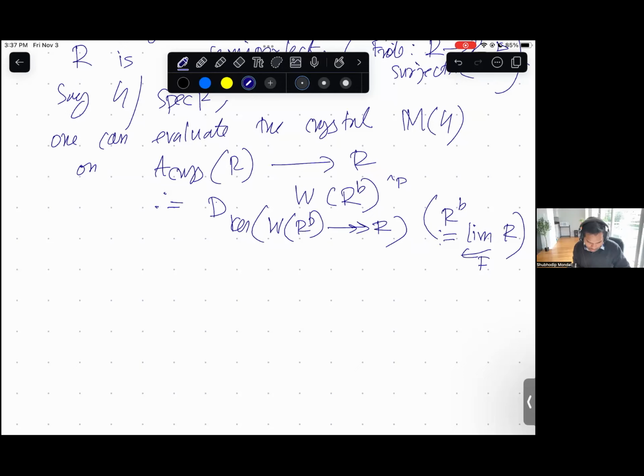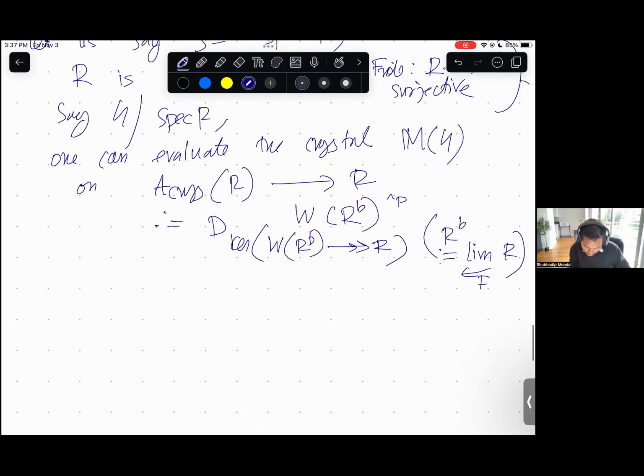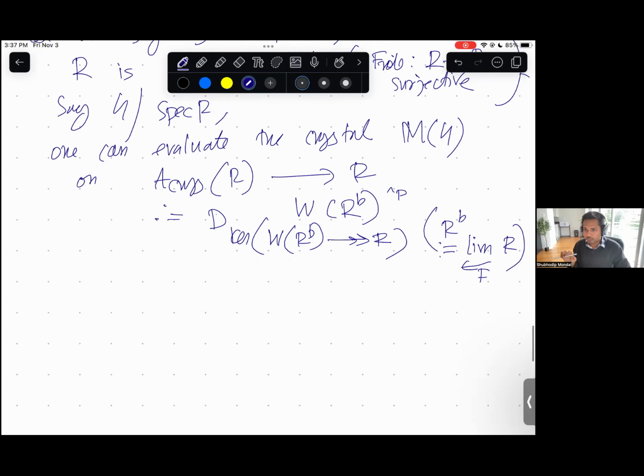Right. So building more on these comments, this also explains why it's a good idea to evaluate the crystal on A_crys, because it gives me an initial object. So in this case, the crystal will essentially be determined by its value on A_crys, which is why it's a good idea to make this definition.